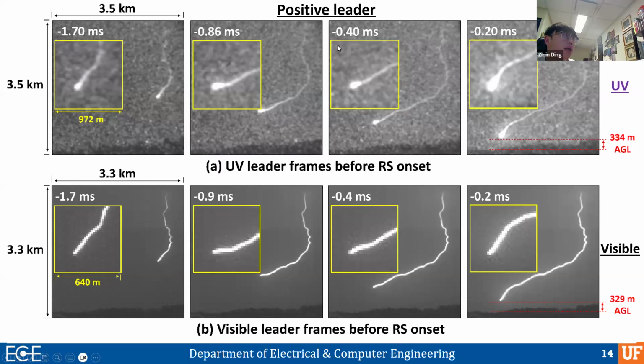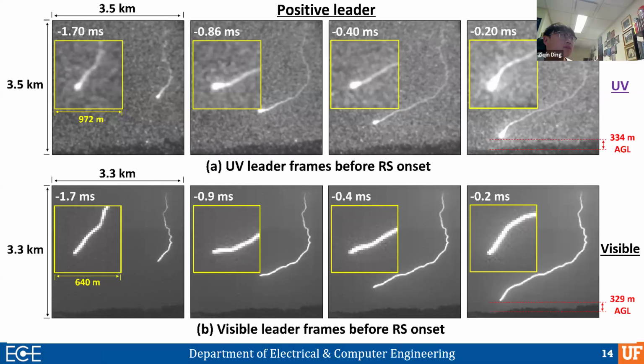As we can see, when the positive leader approaches the ground, we observed what we call an embellishment or enhancement at the leader tip, which is not observed in the corresponding visible frames. We attribute that embellishment at the leader tip in the UV image to the streamer zones, because at the same time we cannot see such streamers in front of the leader in the visible range.